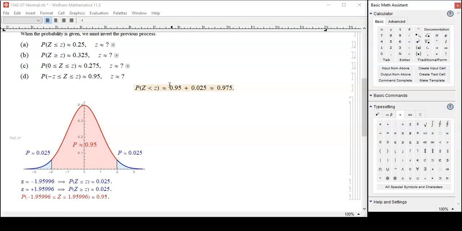So 0.95 is the middle part, that's red, and 0.025 is the left-hand side, that's blue. So you have to look up 0.975 from your normal table.